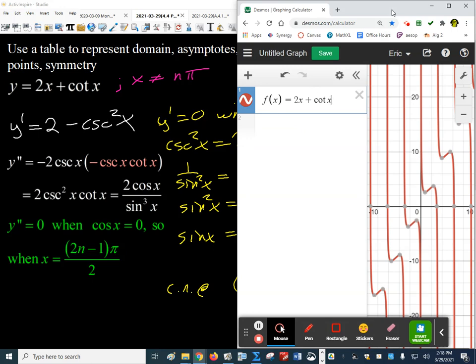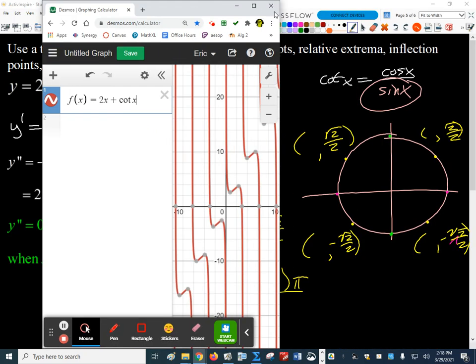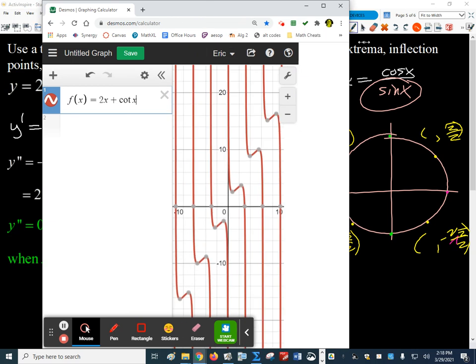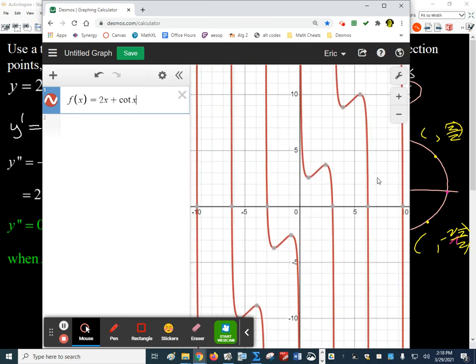We can see that it's going to be repetitive.